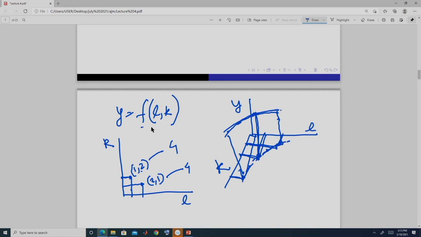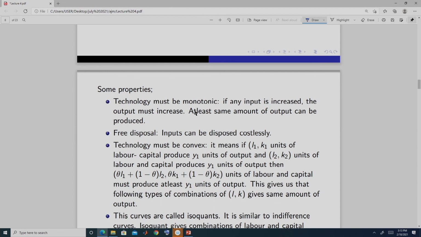Now, in this production function, we impose certain conditions. First, the technology must be monotonic. What does it mean? If we increase any input, then the output must increase.